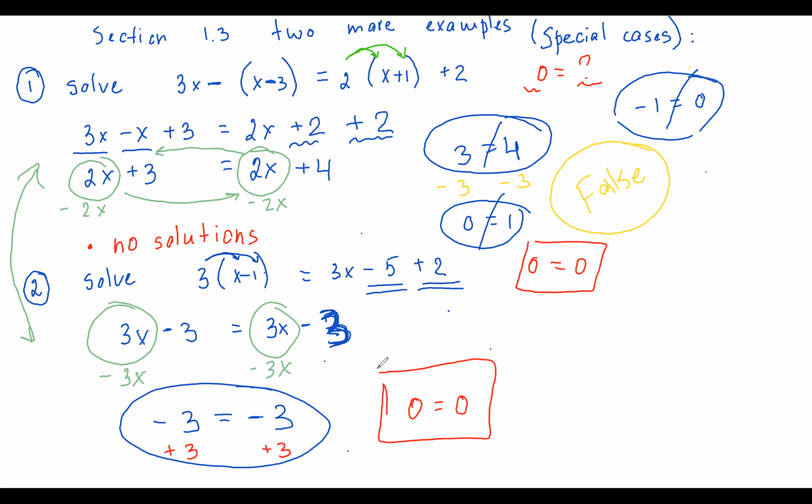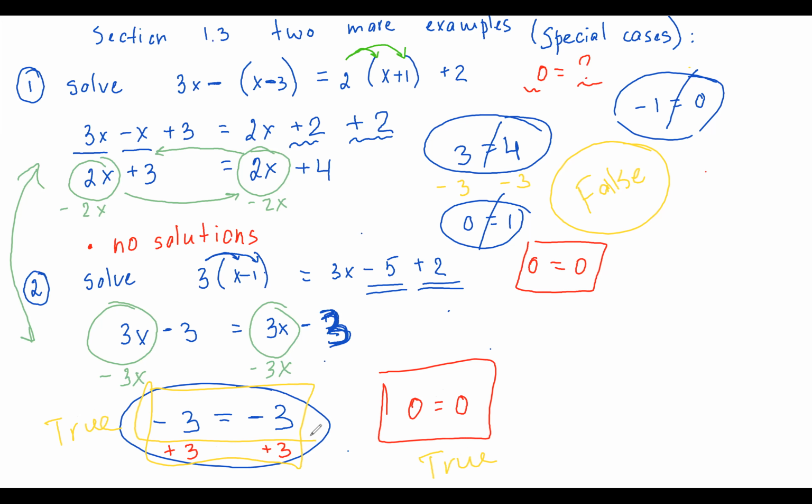This statement is true. This one was true, right? All of these statements are true. So I could actually stop right here without any addition of 3 and say, hey, this equation is always true. We call it an identity, right? And it means that any x will do, any value of x will do.